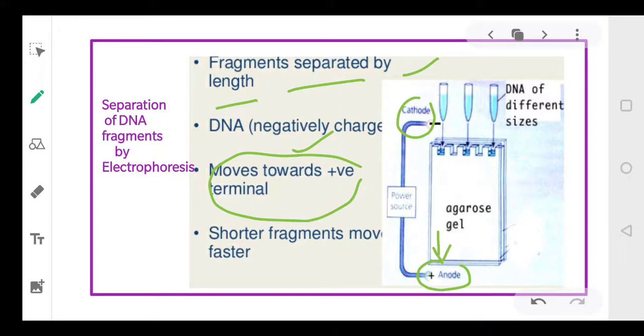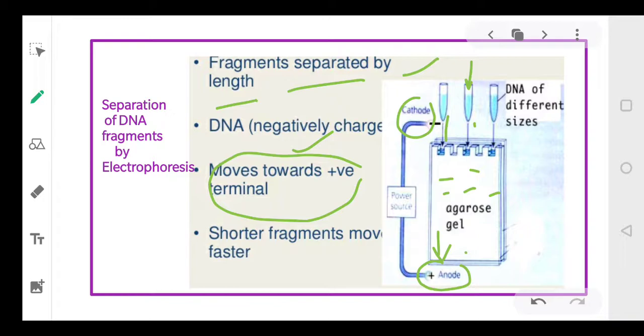So, what will we do? We will pour the DNA fragments on a gel bed, and this gel bed is made up of agarose gel. This is your sheet. From here, we will be putting the samples and the DNA will start moving, isn't it? The shorter fragments will move faster.